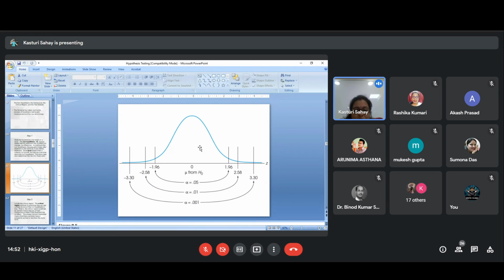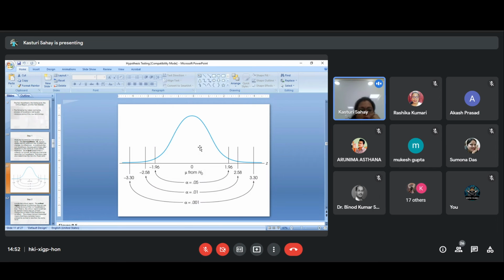See, these kinds of alphas are defined. That, okay, if alpha is 0.05, that is, if the z value lies between minus 1.96 and 1.96, we will accept, or else we will reject. Similarly, generally as a rule, we take alpha as 0.05 or 0.01, but you might also take it as 0.001.